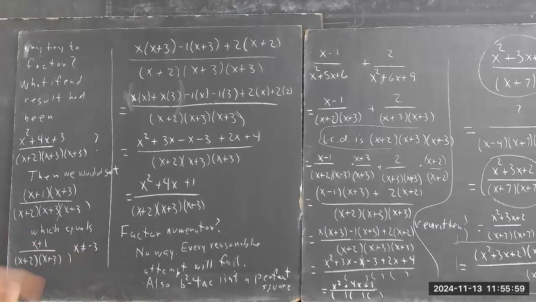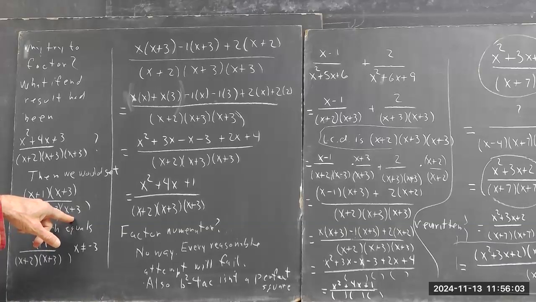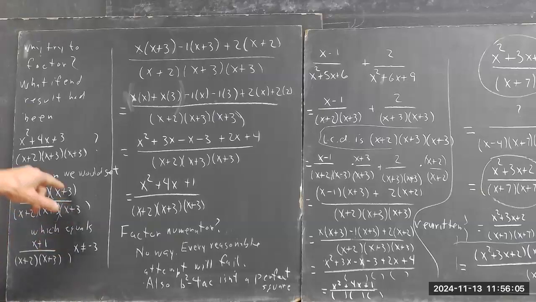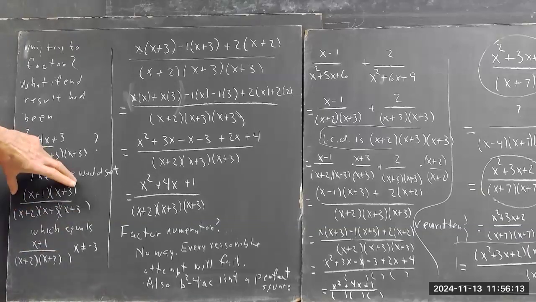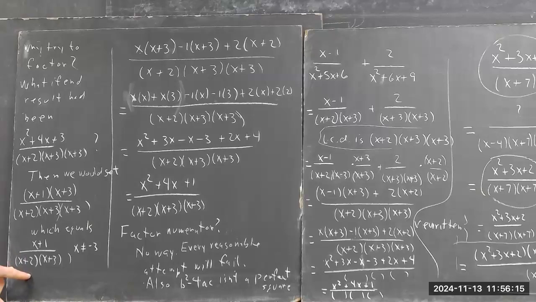Because if x is negative 3, we'd be dividing by 0. Even though we'd be dividing it into 0, we can't divide by 0 under any circumstances. So as long as x isn't negative 3, this expression is equal to this expression.